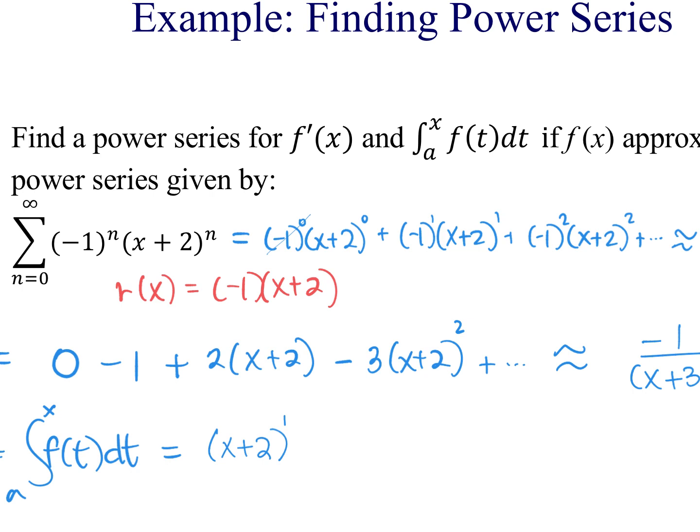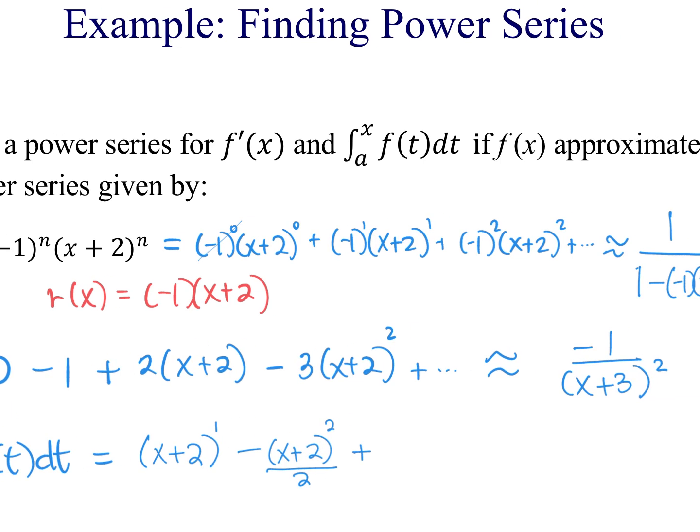All right. So then the next part, what it originally was. I'm taking the antiderivative. So we don't do anything with the constant. The constant's still a minus, and then it's going to be x plus 2 to the what? Squared, and then divided by 2. And then the next one, x plus 2 cubed divided by 3.